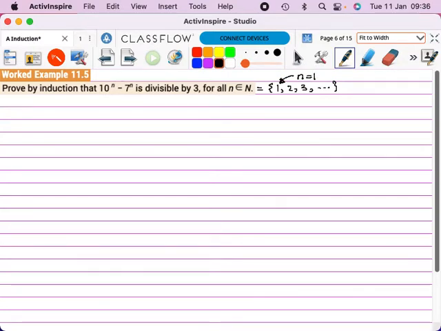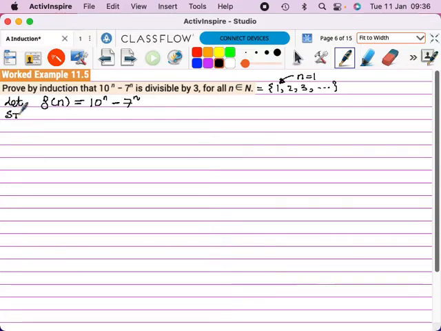So we know that the smallest value of n we're going to be using is n equals 1. You know already from the previous example, this hasn't got a left-hand side, so therefore we have to create a left-hand side and a right-hand side. So therefore we let function of n equal 10 to the power of n minus 7 to the power of n. And then we get started.